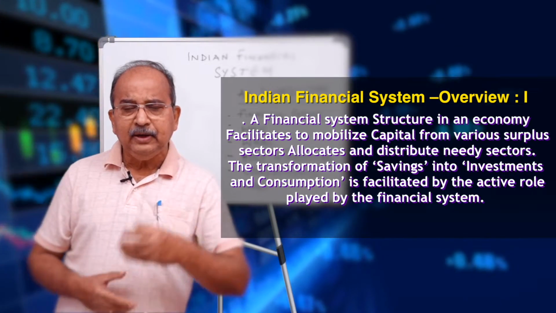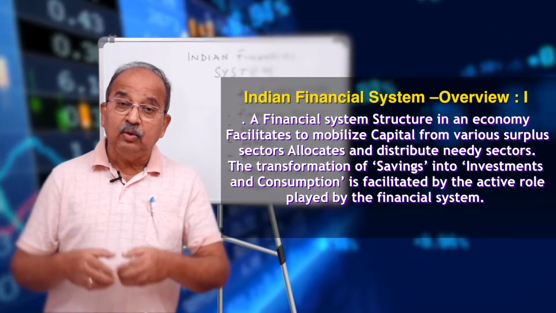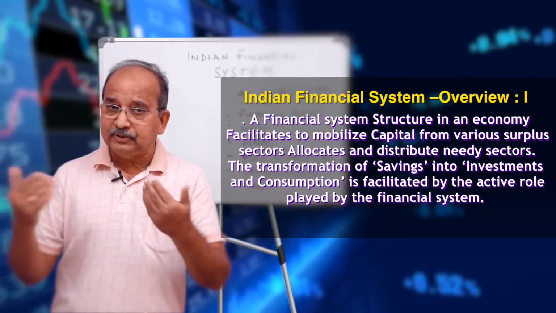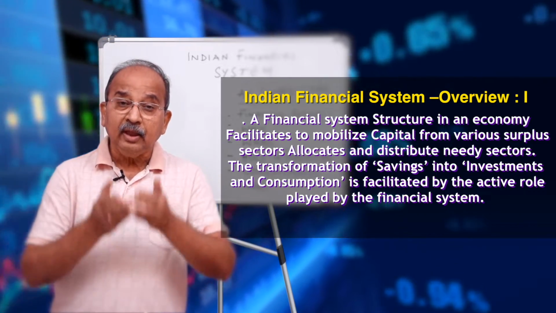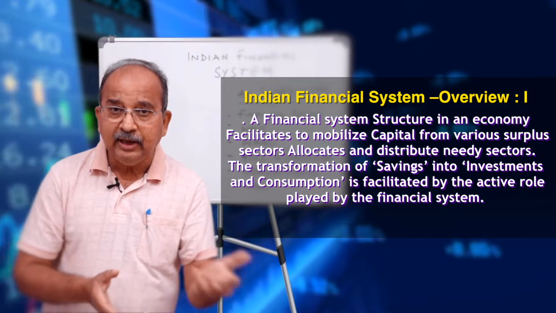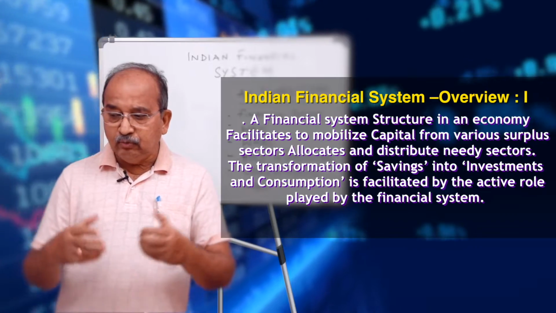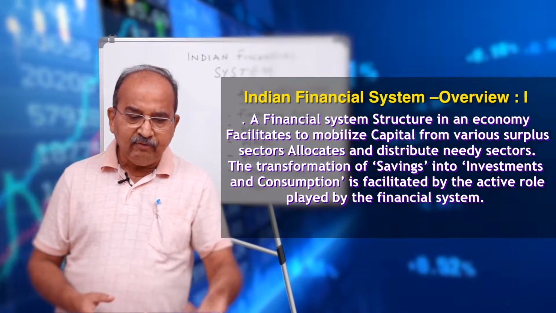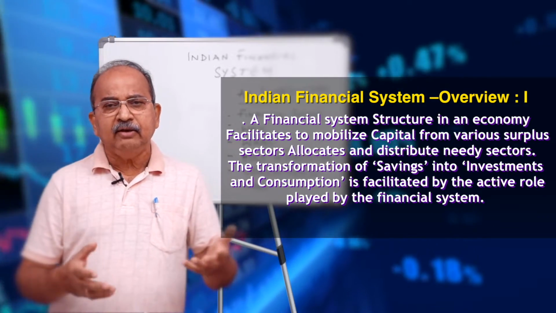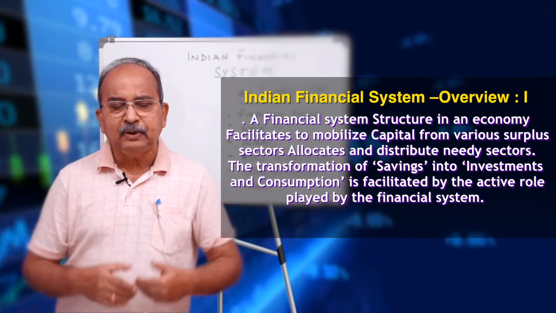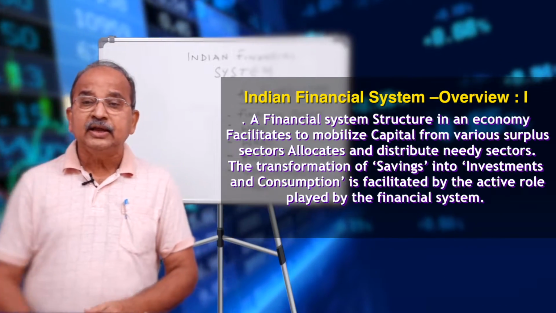There are needy people in a society, and there are wealthy people in a society. Now the second question comes: why the need? The need may be for personal consumption, or for making more money with the help of the money received. Whenever money is used to make more money, the word used is investment, and whenever money is used for daily routine or necessities, the word used is consumption.